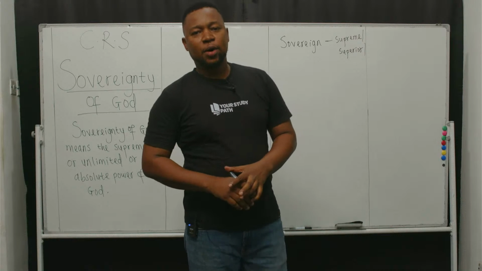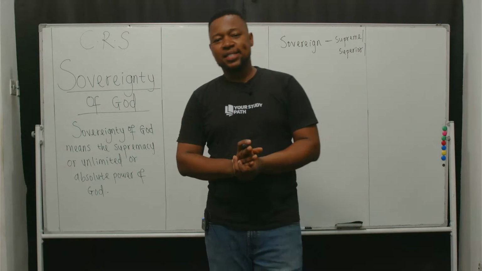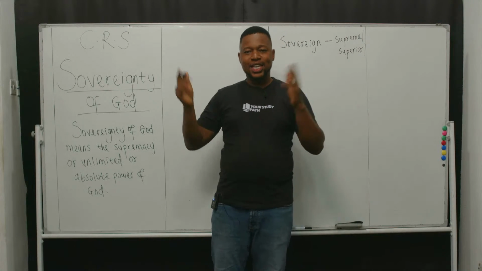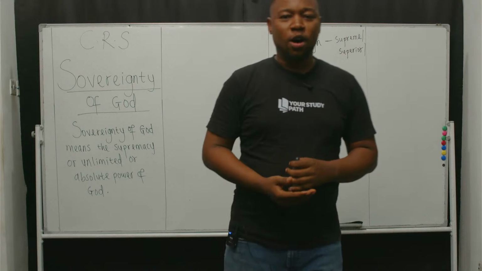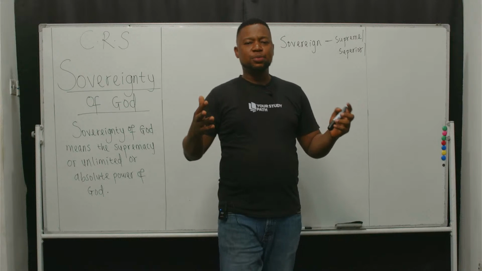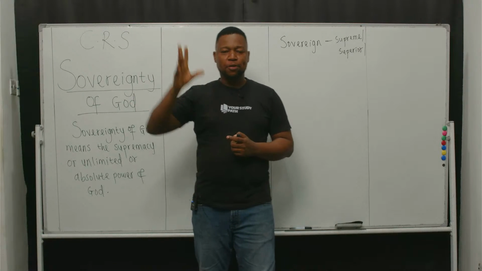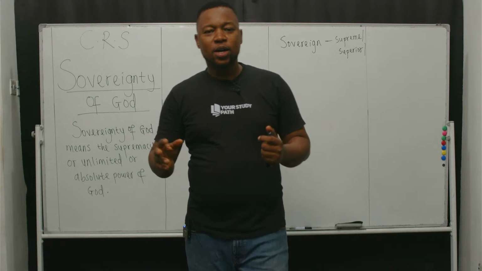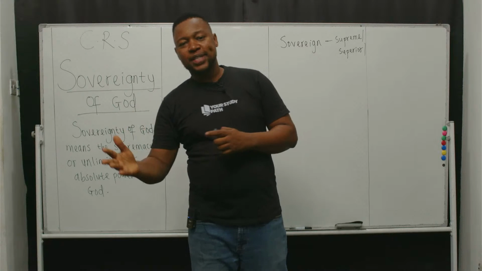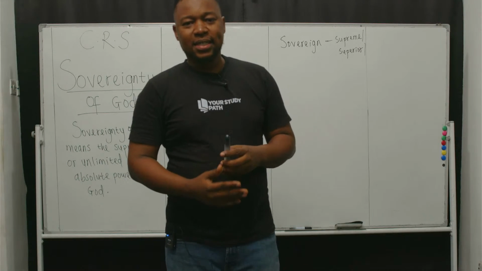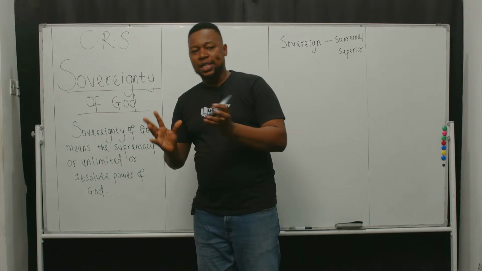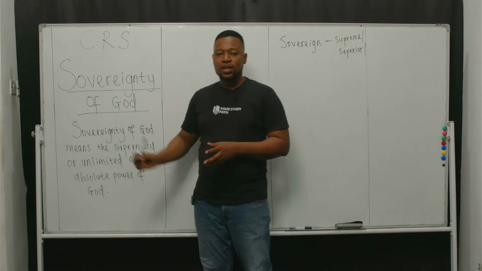Now, in our Genesis class, when you do your CRK, or the name you call it in your school, we talk about the attributes of God. We look at the attributes of God in three forms: omnipotence, omniscience, and omnipresence. But it's a little bit different here when it comes to our SS class.